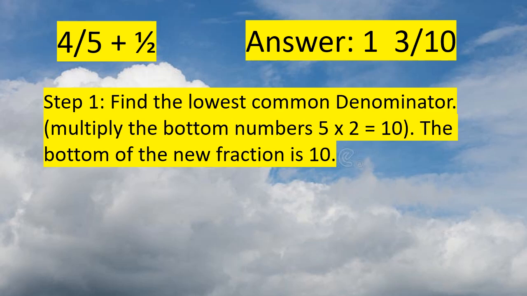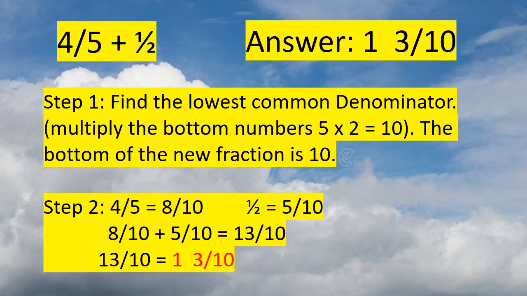So the bottom of the new fraction is 10. 4 by 5 equals 8 by 10. 1 by 2 equals 5 by 10. So 8 by 10 plus 5 by 10 equals 13 by 10. And 13 by 10 is bigger than 1, so we have to divide by the bottom number, 10, and the answer is 1 and 3 by 10.